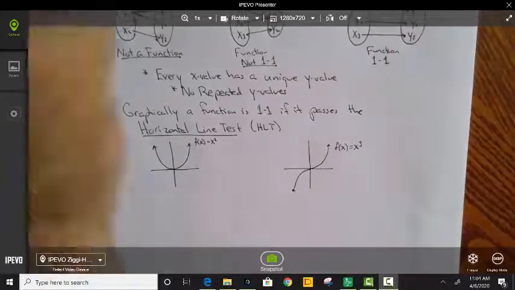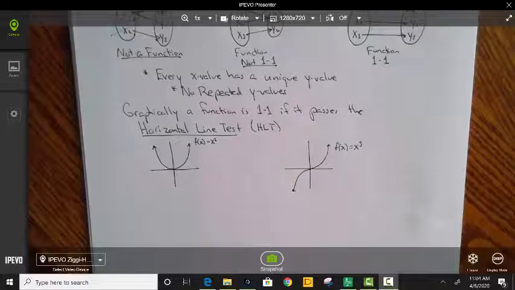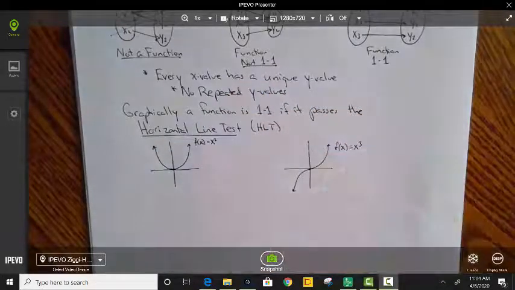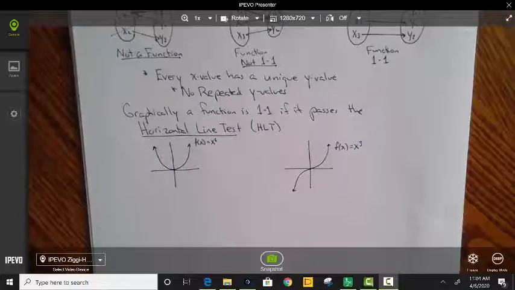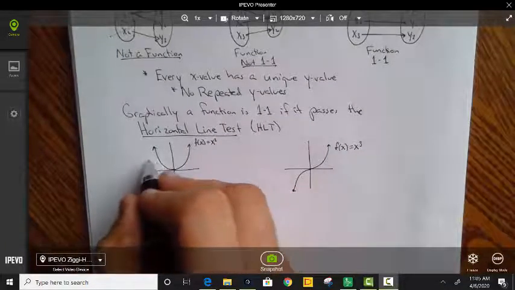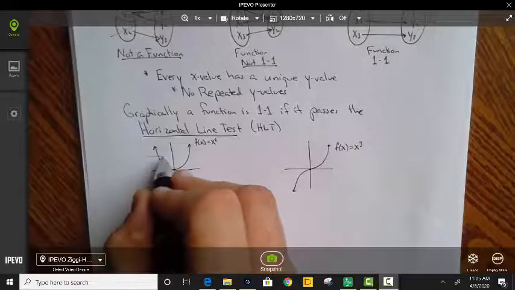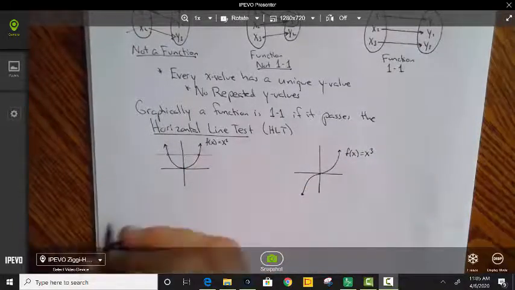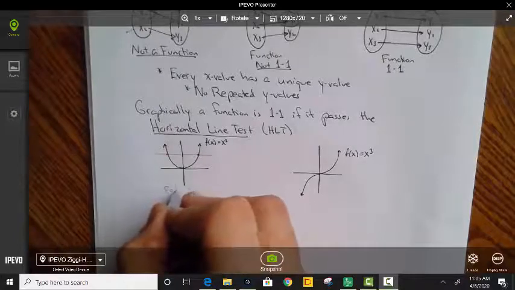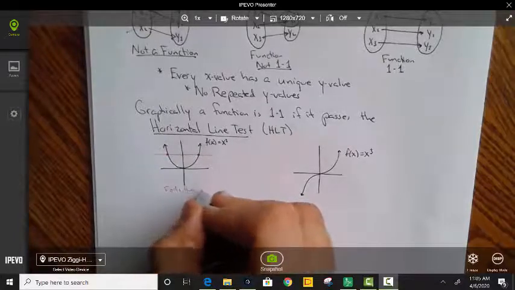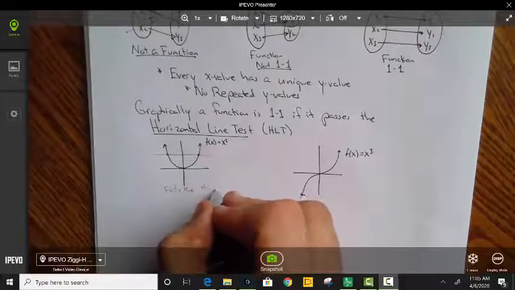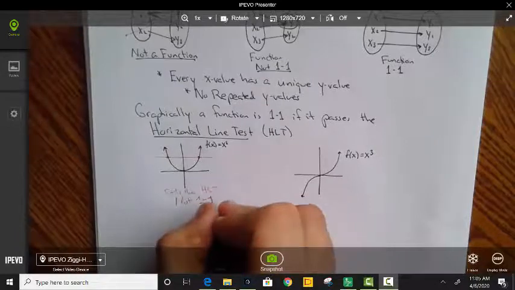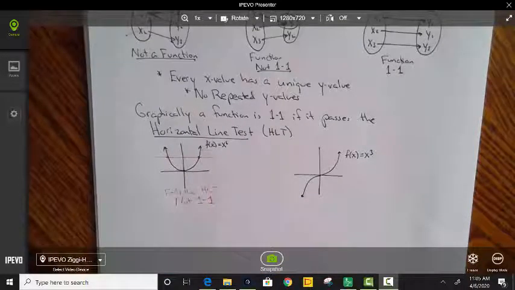We have what's called the vertical line test. The vertical line test says if I can draw a vertical line anywhere and it doesn't cross the graph more than once, then the graph is indeed a function. But the horizontal line test says if I can draw a horizontal line and it crosses the graph more than once, then we say that it fails the horizontal line test, which means that the function is not one-to-one.